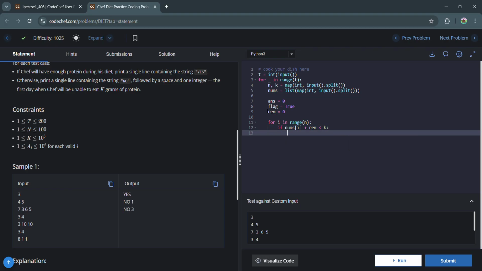If this is true, that means he cannot complete his diet on that day, so we have to mark our flag as false.